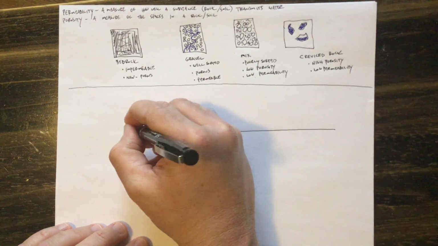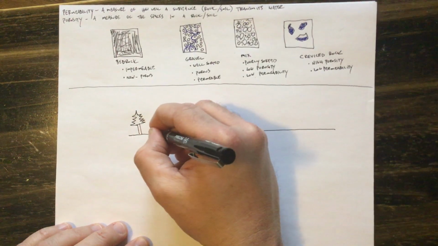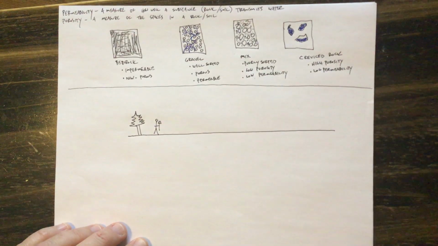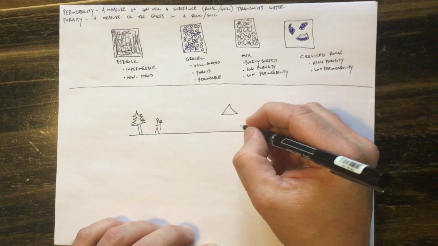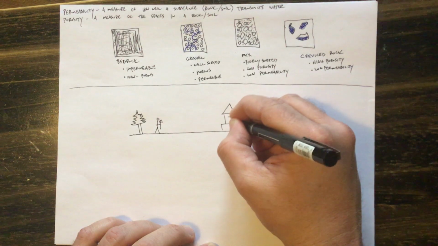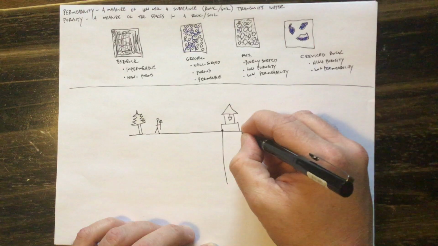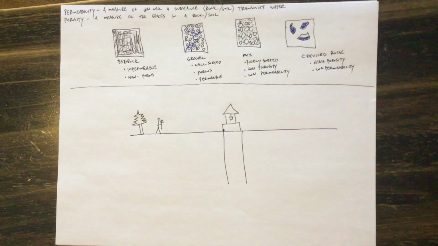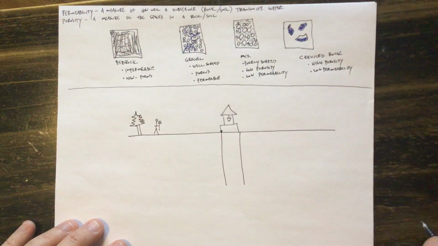On the surface, we're going to have a tree and a person with a shovel, because they might be digging a well. It's an old-timey well with a bucket. And that's all we really need on the surface. You could put a little house for the stick figure if you want.